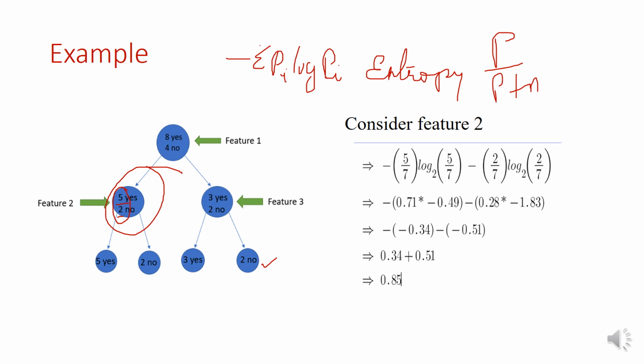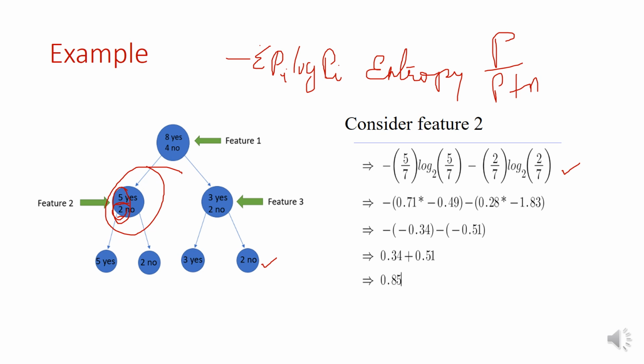So 5 divided by totally how many instances, that is positive plus negative, 5 positive and 2 negative, so 5 plus 2 is 7. So minus 5 by 7 log 5 by 7, minus how many negative instances do you have? 2. That is pi log pi. So minus 2 by 7, since among 7, 2 are negative instances, 2 by 7 log 2 by 7.